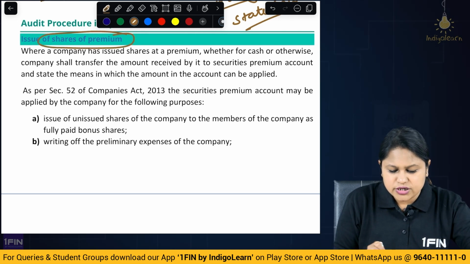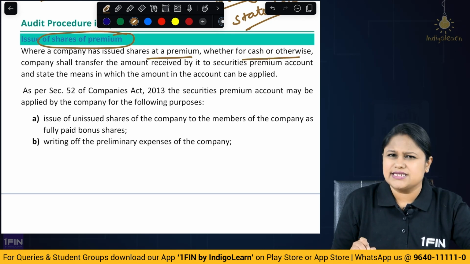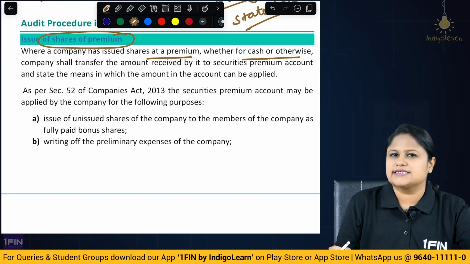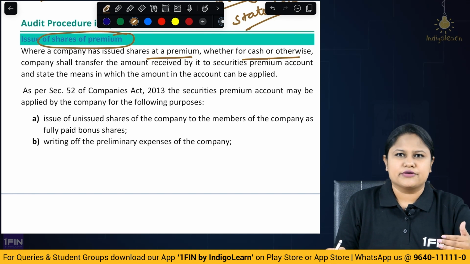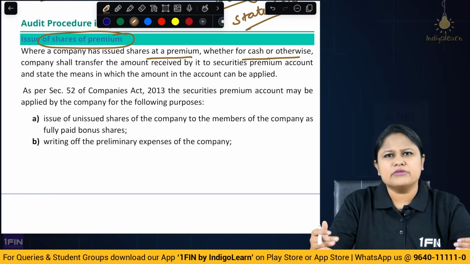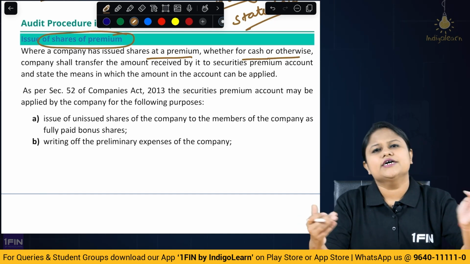Now, issue of shares at a premium. Where a company has issued shares at a premium, whether for cash or otherwise. What is otherwise? We know the concept. Shares can be issued for cash or for consideration other than cash. So sometimes what happens is, from the vendors, that is the suppliers of plant and machinery, sometimes with very premium pricing, like 100 crore, 20 crore, 30 crore worth of machineries, in these cases, usually there could be a normal business transaction where companies will issue shares to the vendors.